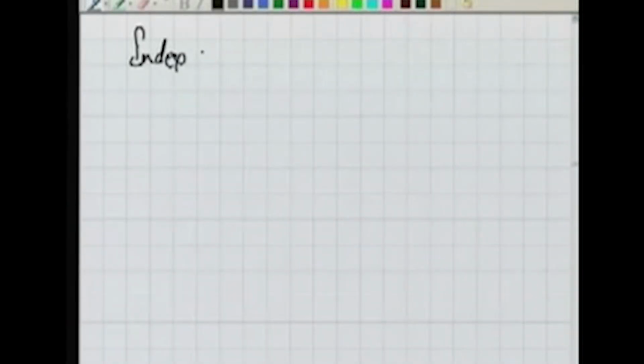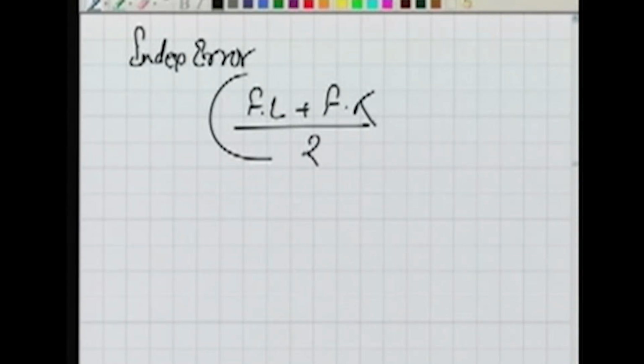Naturally, we are changing the face, so we will measure a smaller angle for the same 0, 0 value here and altitude bubble in center. So it is very obvious that we can eliminate this index error also by taking face left and face right observations and their mean. So we can eliminate this index error also by doing this.